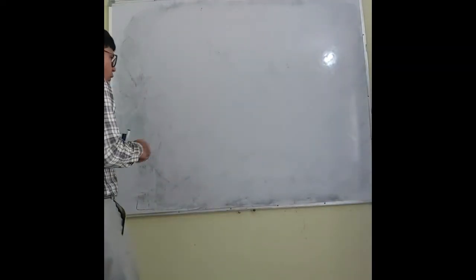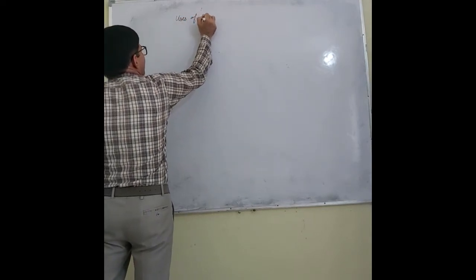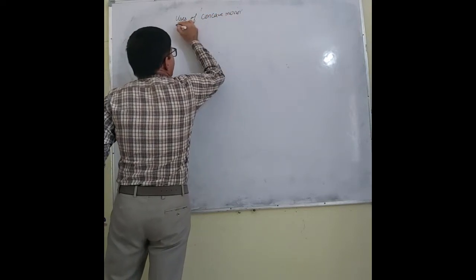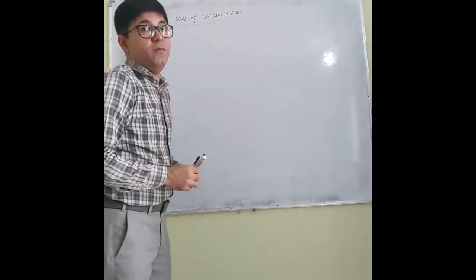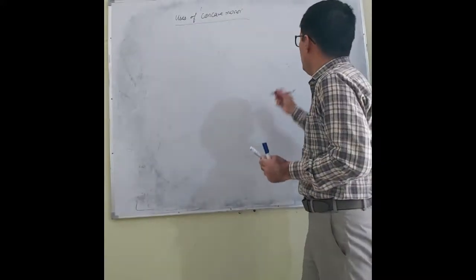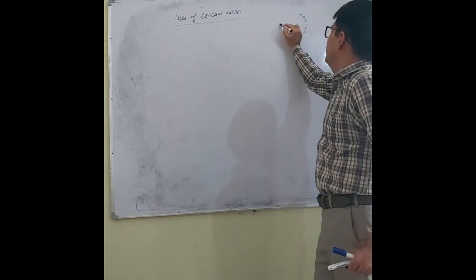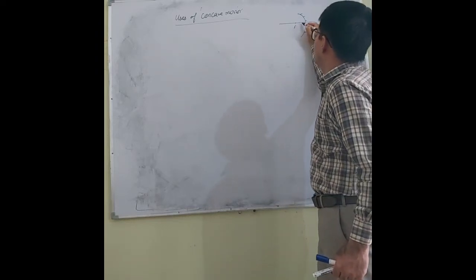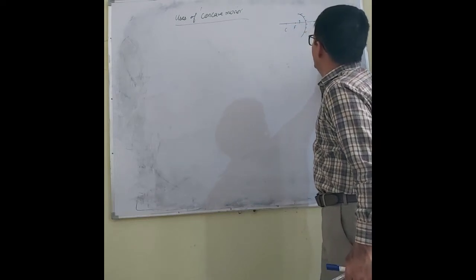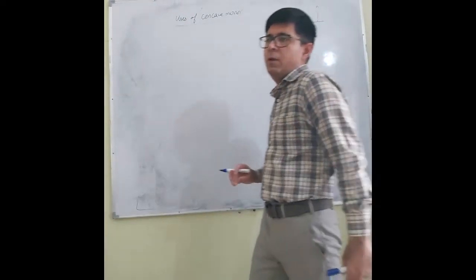Now, what are the uses of concave mirror? We have done in image formation that when object is placed between the pole and focus, this is the concave mirror, right? If this is focus and this is C, if I place the object here, you have seen that its magnified erect virtual image is formed.